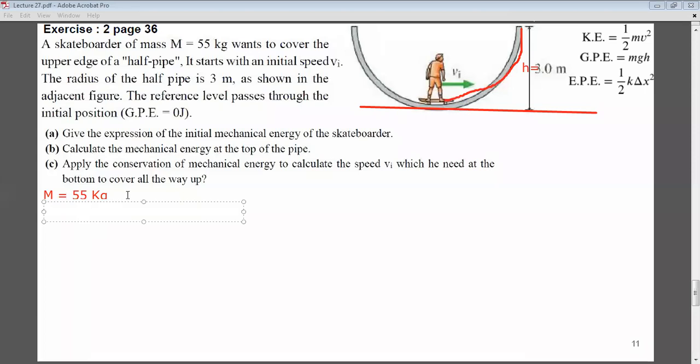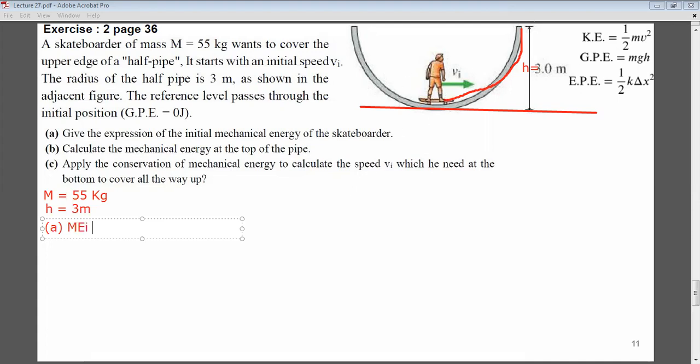So we have h equal to 3 meters. Part A gives the expression of the initial mechanical energy of the skateboarder as he was down here. Did he have any GPE? No, because he's on the reference. Does he have KE? Yes, because he's moving with velocity v initial. Does he have EPE? No, because there is no spring or string or rubber.